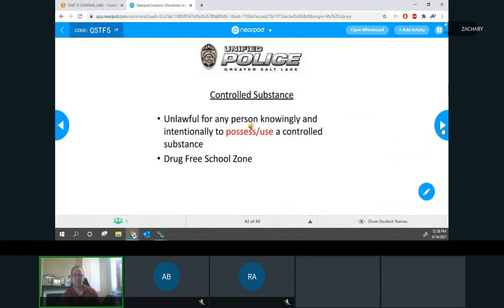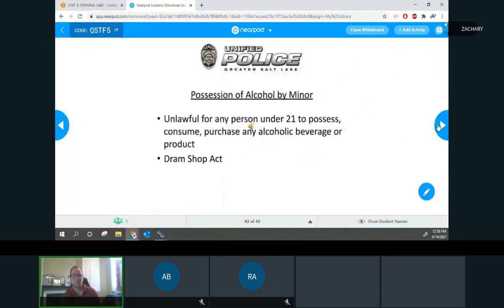Controlled substance. I think we all kind of know what that is. Schools are all drug-free zones, so no drugs should be admitted on school grounds. Okay, so possession of alcohol by minors. You need to be at least 21. And when you turn 21, you cannot go and buy it for minors either.